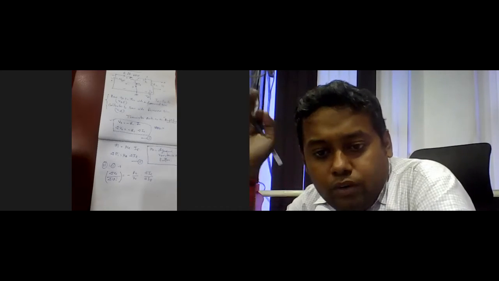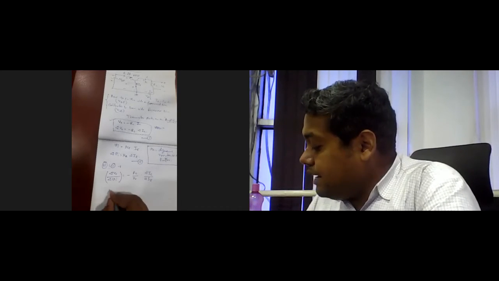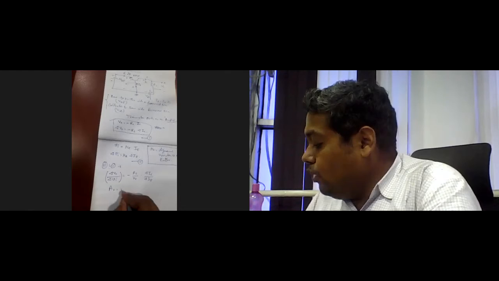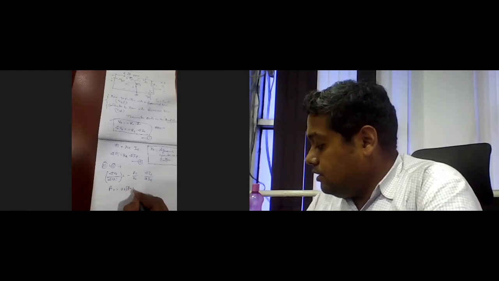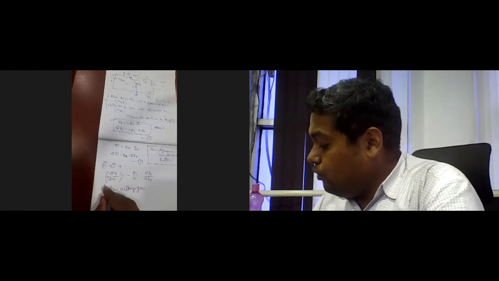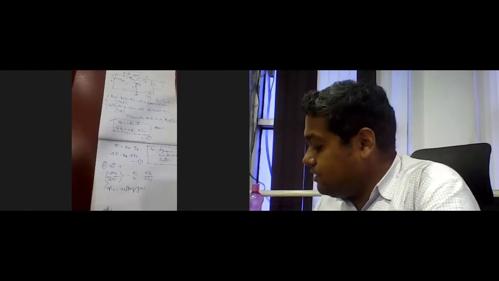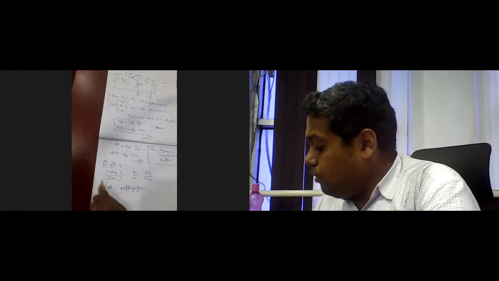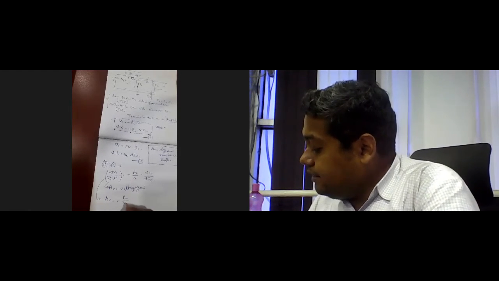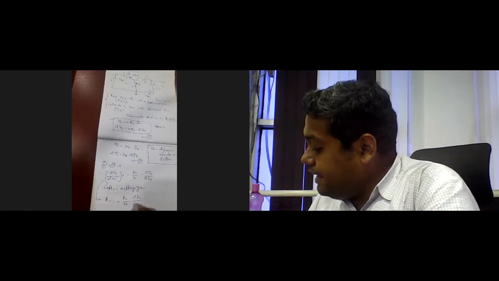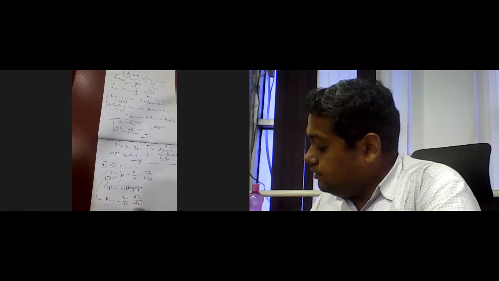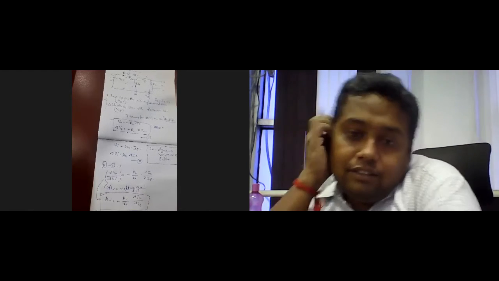The small change of output voltage to input voltage is considered as AV, the voltage gain. So AV equals minus RL by RE del IC by del IE. So this is the voltage gain.